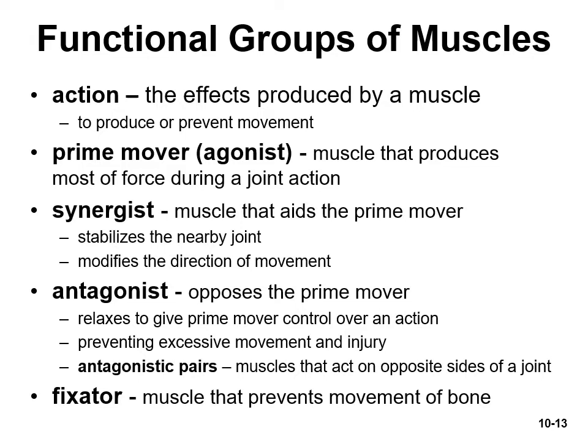And then you have an antagonist. This opposes the prime mover, and the antagonist must relax in order for the prime mover to cause an action, and it will also do the opposite action. Antagonists prevent excessive movement and injury, and every action has what's called an antagonist pair, where you have muscles that act on the opposite sides of a joint, creating one action and then the opposite action.